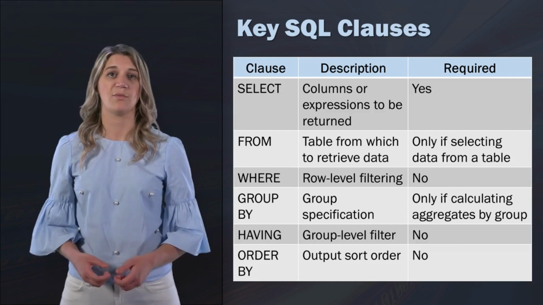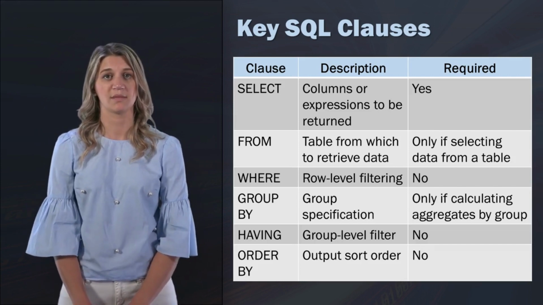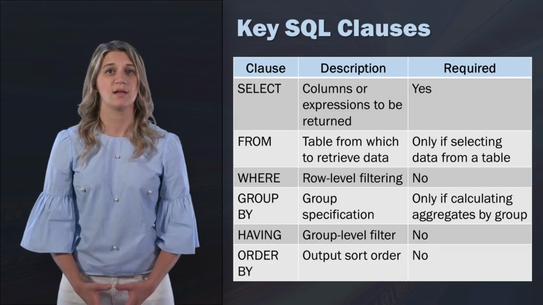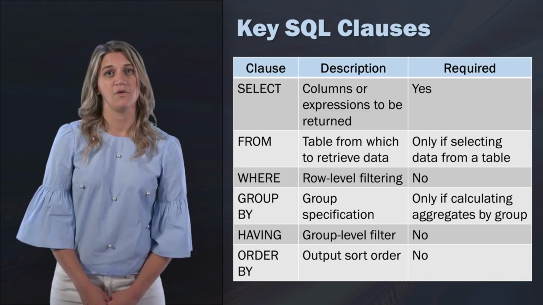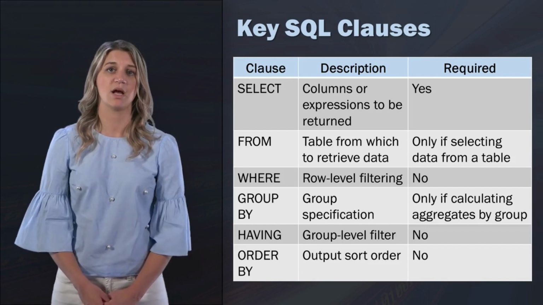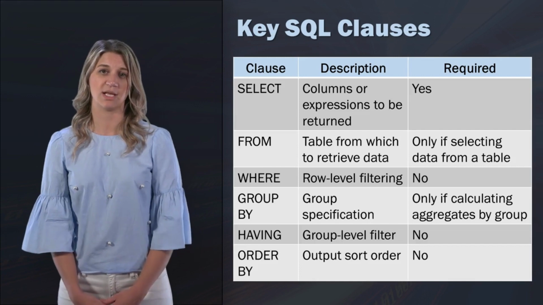You can see on the right-hand side, I've listed out whether or not the statement is required. Some of these aren't always required. This just gives you a really nice structured outline for a lot of the common statements and clauses you'll be using and the order that they should be in when writing SQL statements.